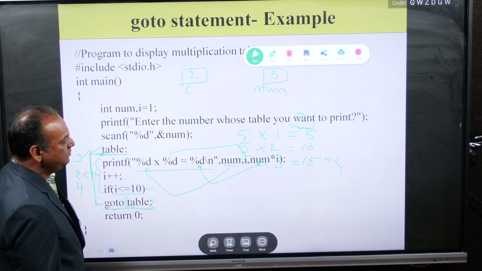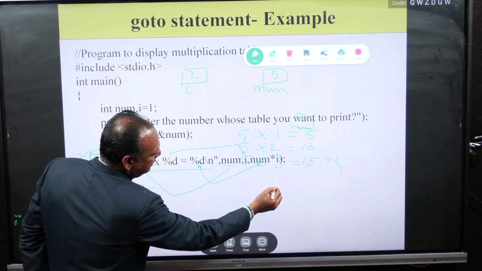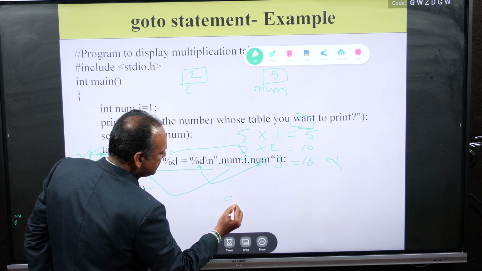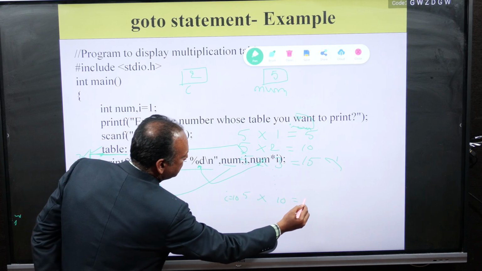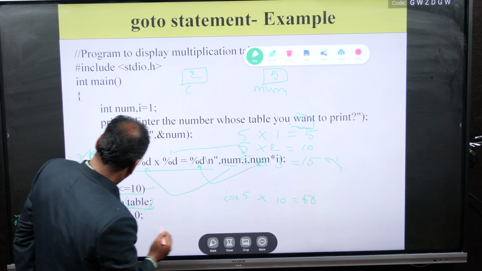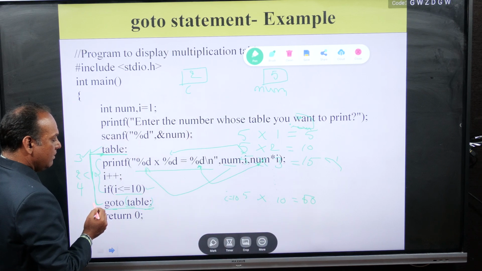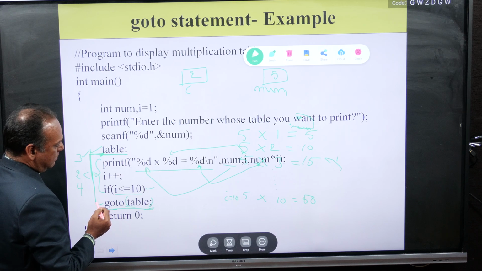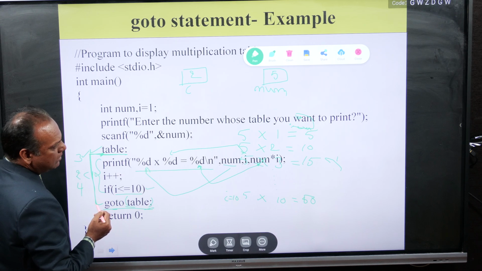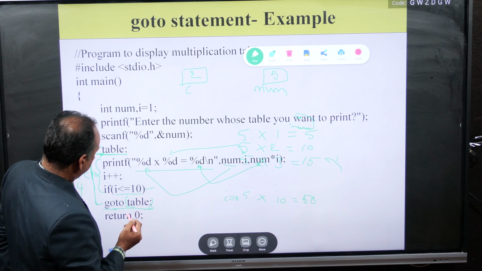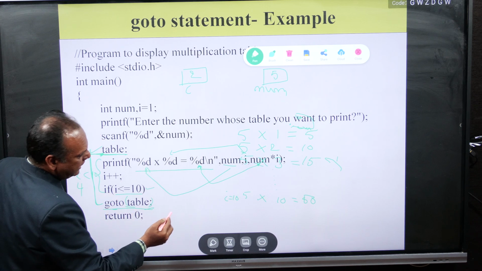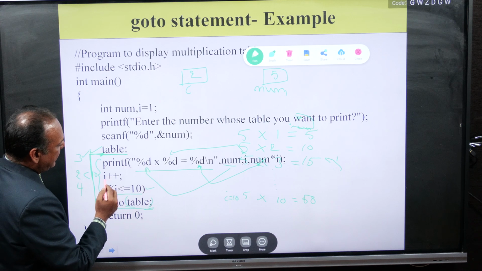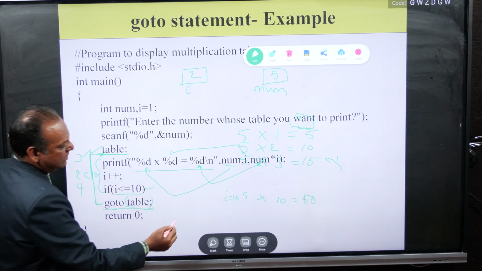It repeats until the I value is equal to 10. 5 into 10 is equal to 50 is printed, and now the I value is going to be 11.